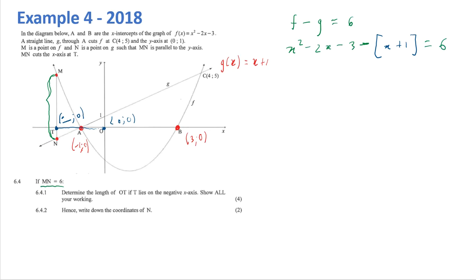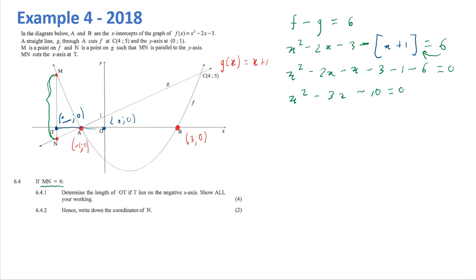Then we solve this: x squared minus 2x minus 3 minus (x plus 1) minus 6, because I bring that 6 over, equals 0. Okay, x squared minus 3x minus 10 equals 0.